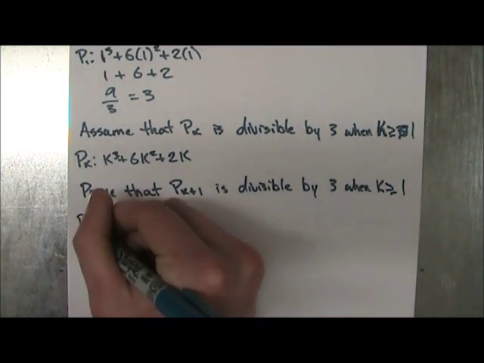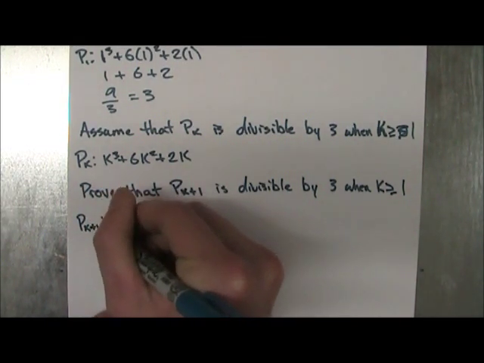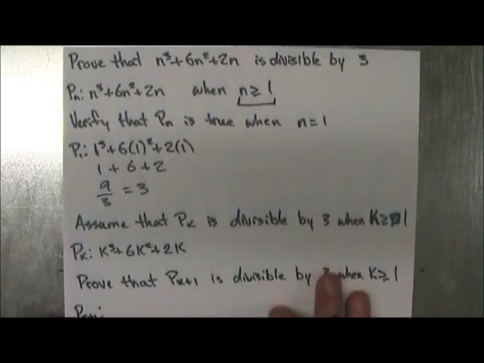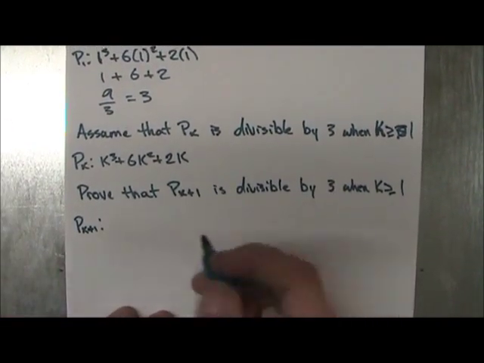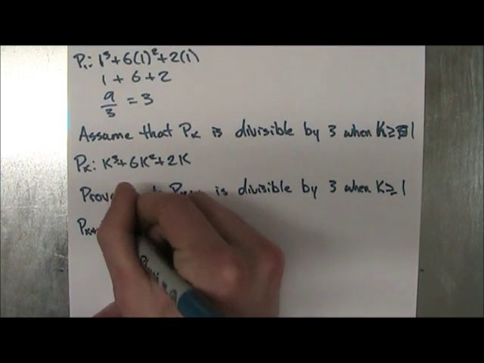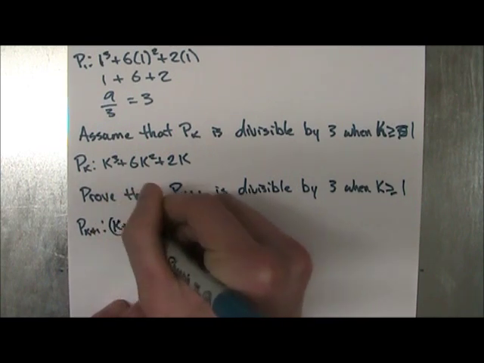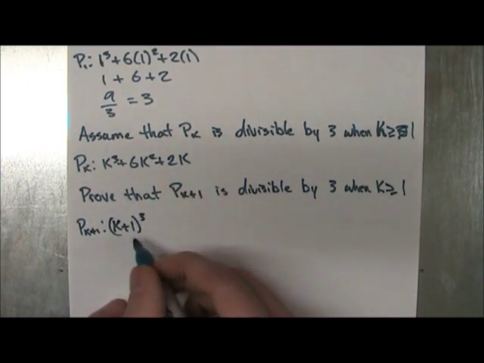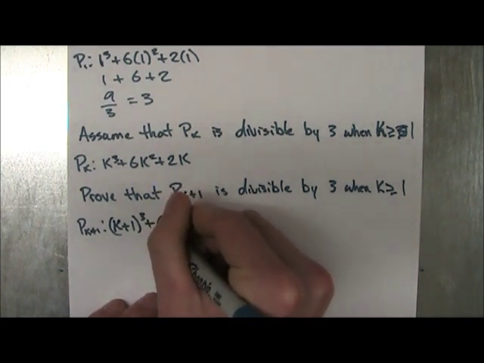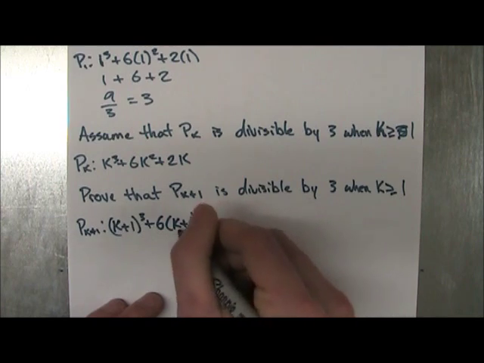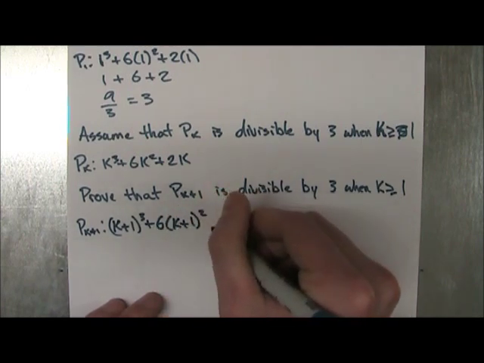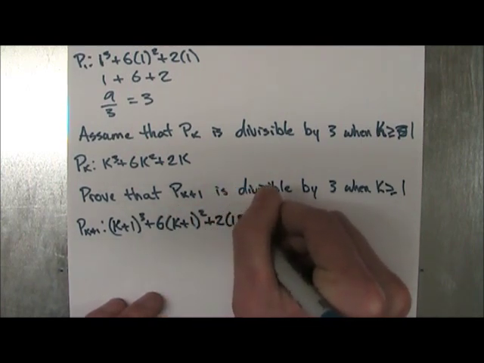We write our proposition, Pk plus 1, and replace n with k plus 1. So k plus 1, and the whole thing is cubed, not just the k. Be careful of that. k plus 1 is also all squared, but not the 6. And then plus 2 times k plus 1.